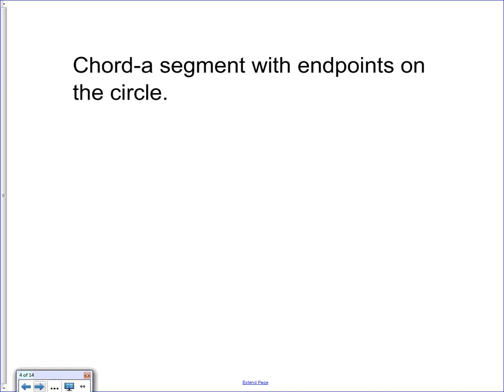A chord is a segment with endpoints on the circle. So far, my worst circle. So we have a chord. It has endpoints on the circle, and that is all that we need.